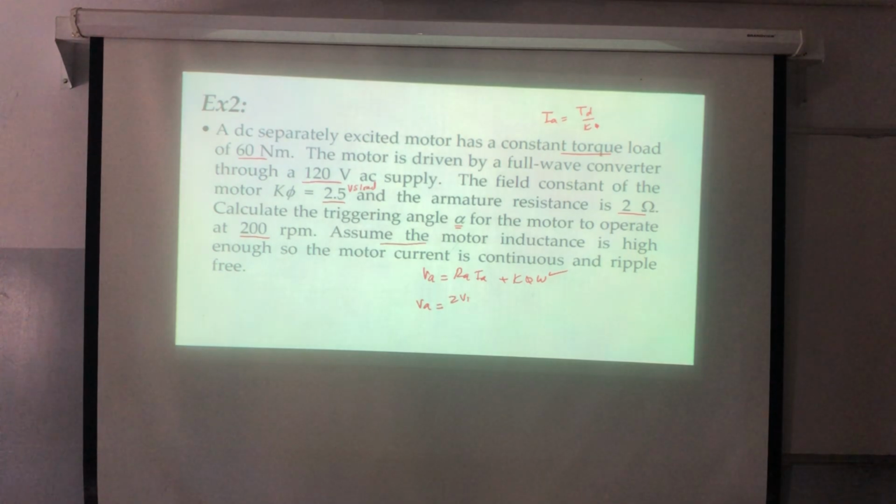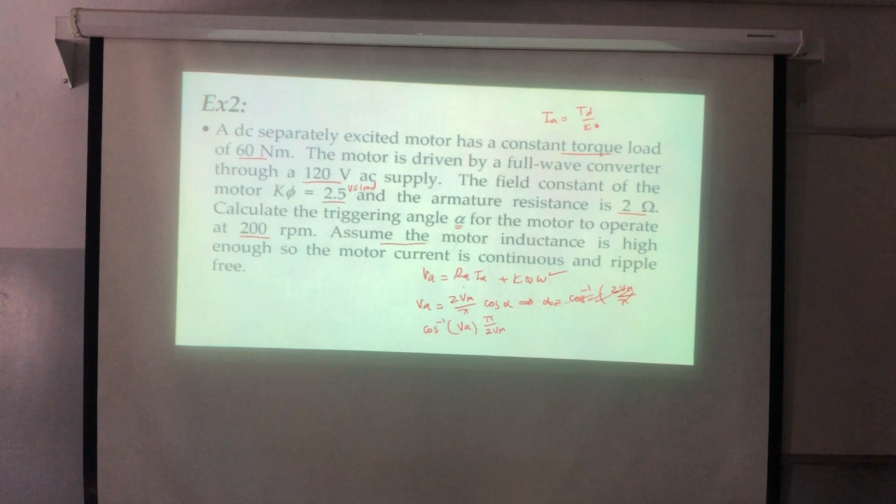2 Vmax over pi cosine alpha. So if I need to find alpha, it will be cosine inverse of VA multiplied by pi over 2 Vmax.